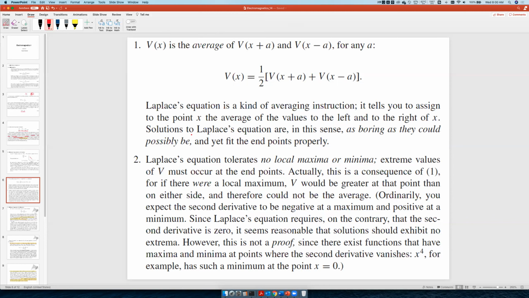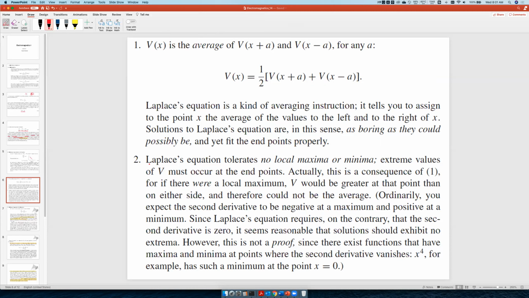So the solutions to Laplace equation are as boring as they could possibly be and yet fit the endpoints properly. It simply says any value at a position in Laplace equation equals the average of the values at its left and right positions. This is the first feature.